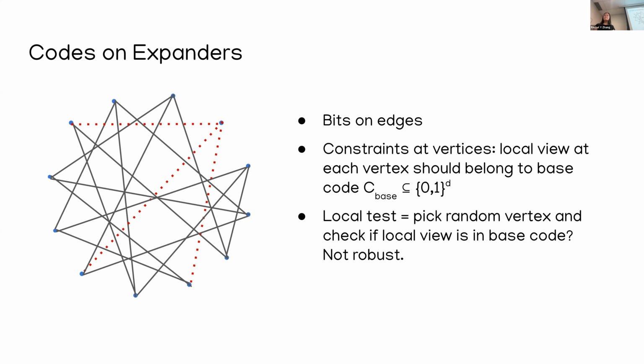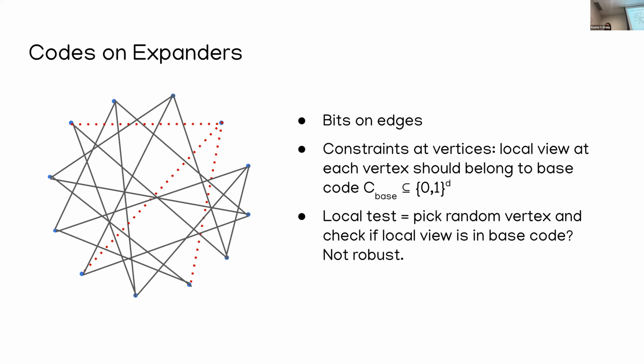Just want to make sure I have the right mental picture. So the code here, I'm going to order the edges in this graph. What do you mean order? I'm assuming there's an order on the edges. Sure, yeah. There has to be a local order for each vertex to know which string to get from the edges that look at it.